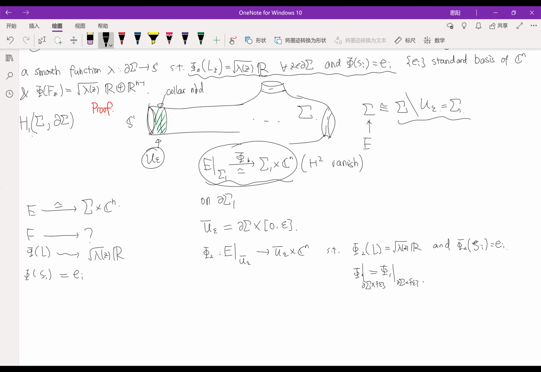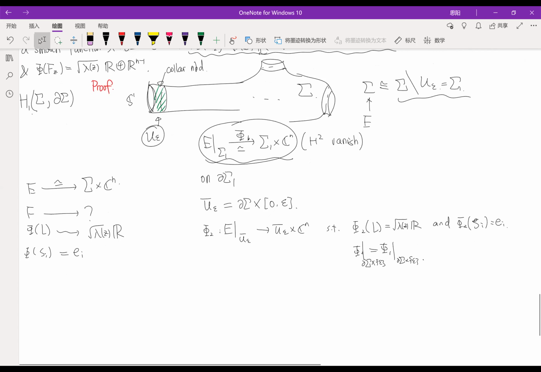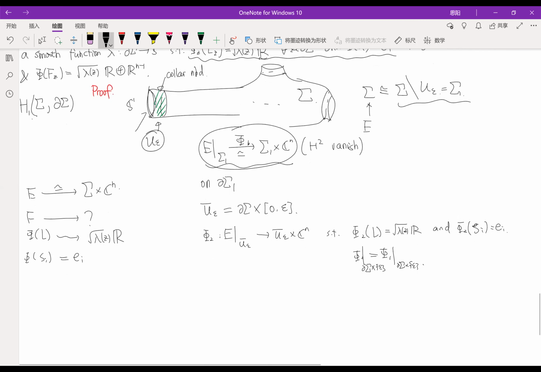So we know that on the boundary, we always have a loop lambda 0, which maps z to F_z, and this is in R^n.